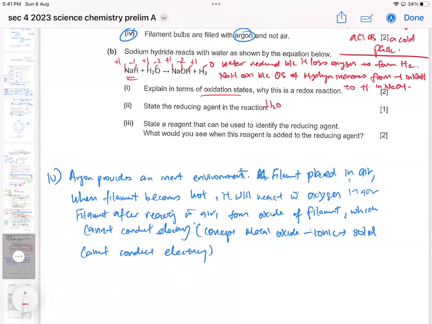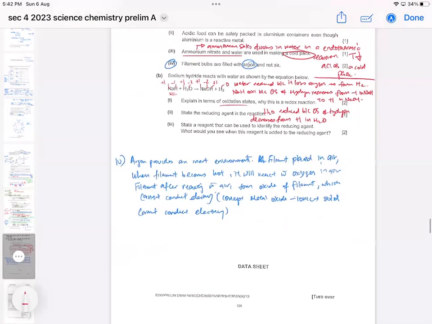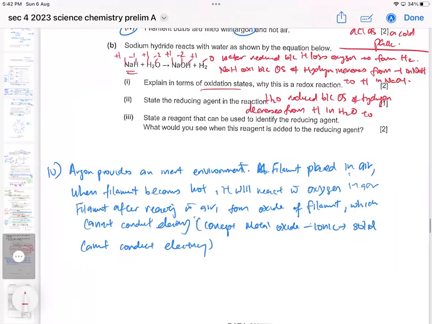So in this case, I'll say that H2O is reduced because the oxidation state of the hydrogen element decreases from +1, the hydrogen in H2O, to 0 in hydrogen.